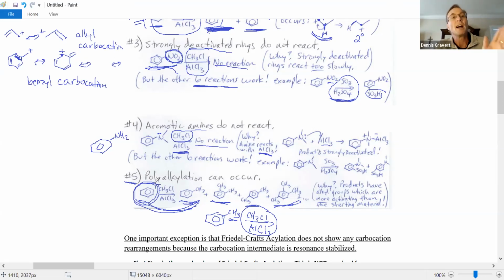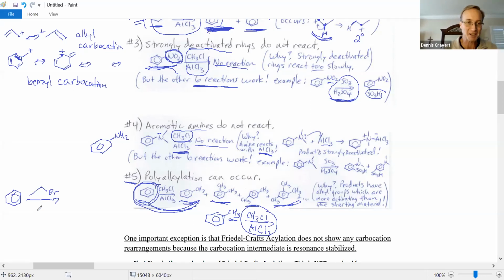So on exams, if I say, hey, predict the product of this reaction, and that's all I say, the reaction says, hey, whoops, let's not get a rearrangement happening. Let's just do ethyl. There you go. No, this is a primary halide, and that's a primary carbon.